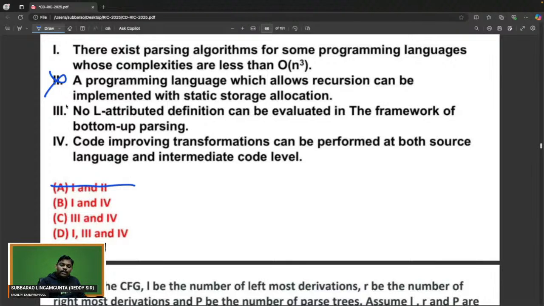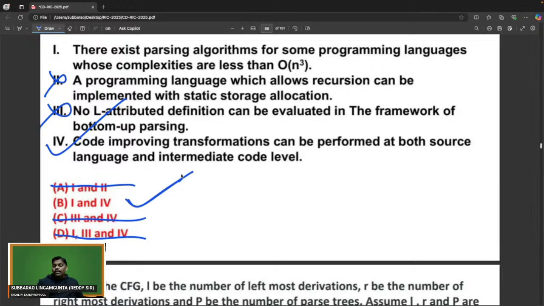So no, there are some L-attributed definitions which can be done in bottom-up parsing. Next: code improving transformation can be performed at both source language and intermediate language, of course. So wherever 3 is there, that also cancel. So the answer is going to be B, 1 and 4.